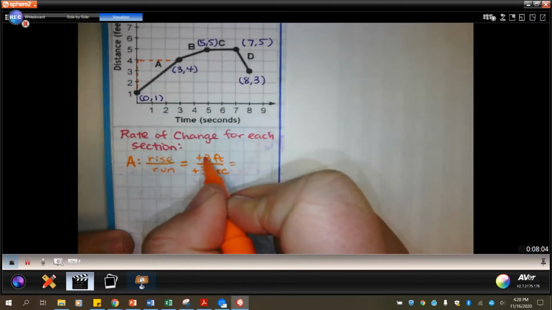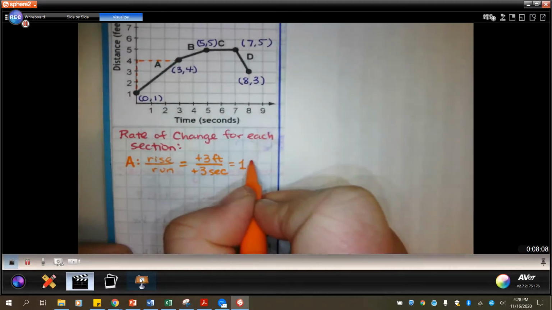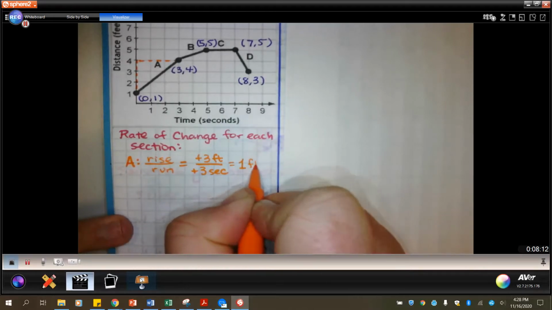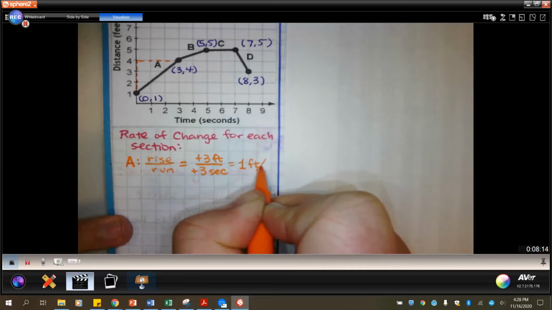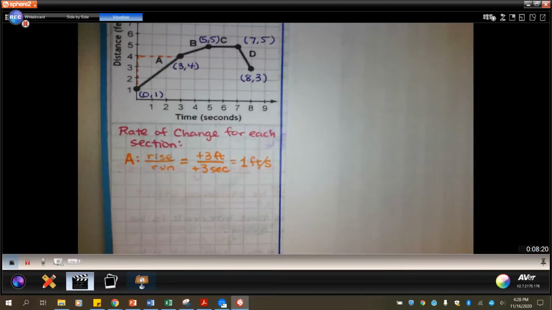So we do 3 divided by 3, which is 1. Okay, and then feet per second, which we can abbreviate nicely to ft/s, which is just shorthand for feet per second. So if the person is walking, they're going 1 foot per second. Okay?